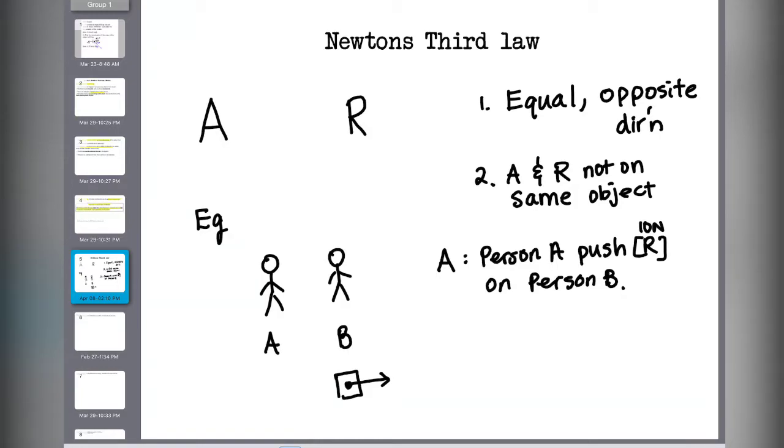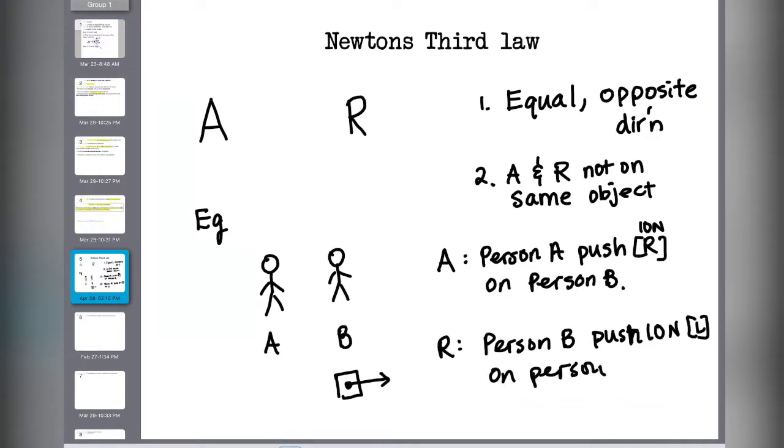What would the reaction force be? The reaction force is that person B is being pushed 10 newtons, but this time to the left on person A. That is the reaction force.